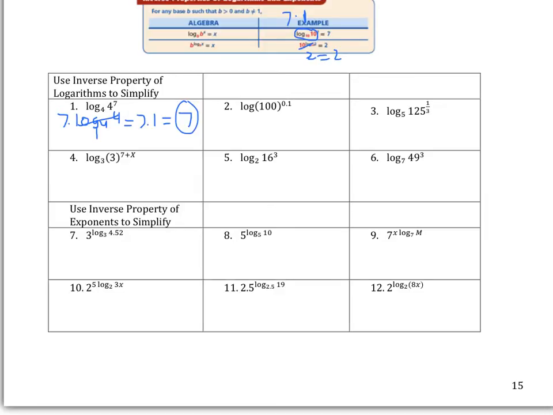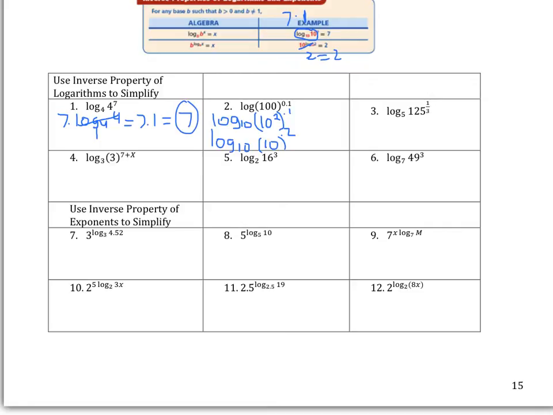For number 2, we have to look at log without a base, which is really base 10. We just don't write it. And then 100 is really 10 squared, and that is raised to the 0.1. So we really have log base 10 of 10 to the 2 times 0.1. When we have a power to a power, it's really multiplied, which is 0.2.